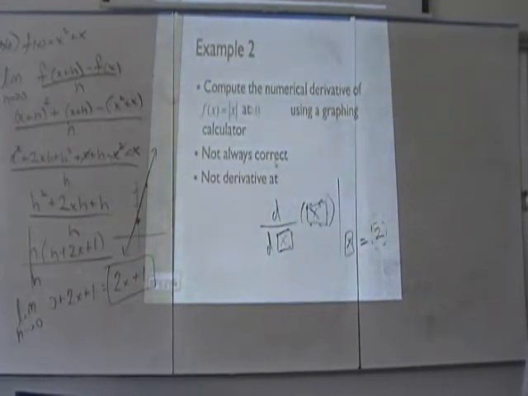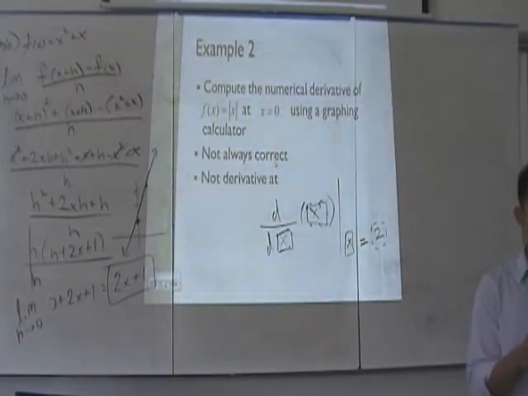Alright, here's example 2. We're going to do the same thing. So here's math, and deriv, x, absolute value, so hit math again, put a number, absolute value of x, as x equals 0.